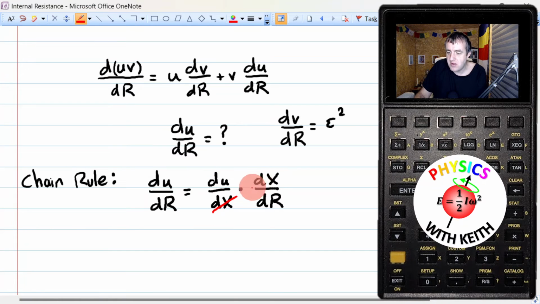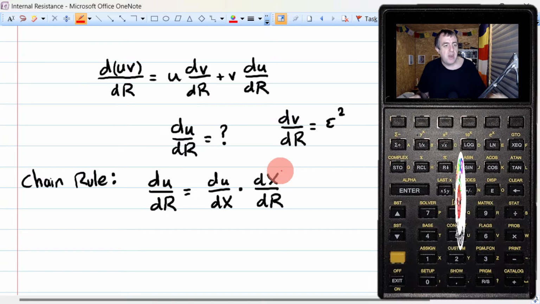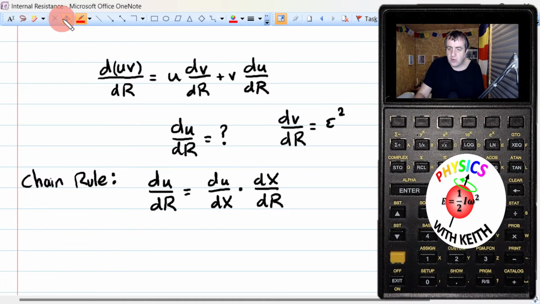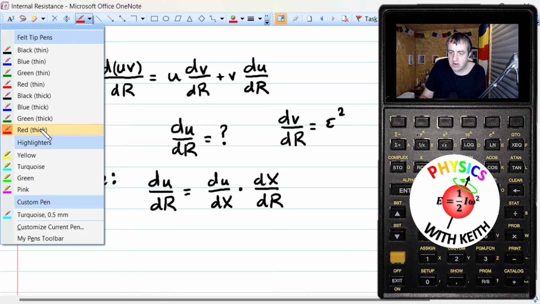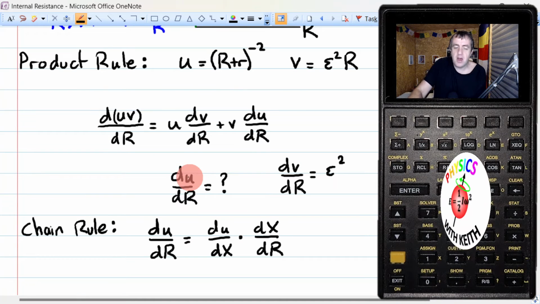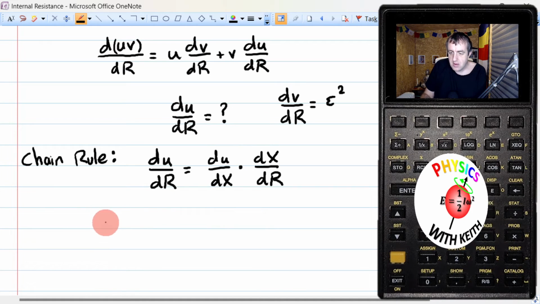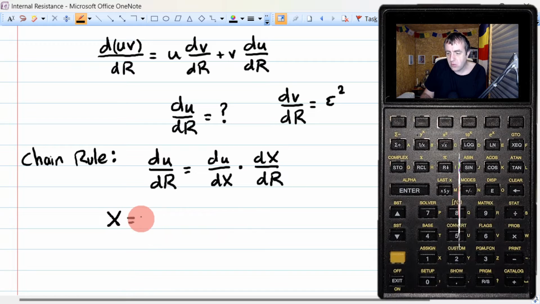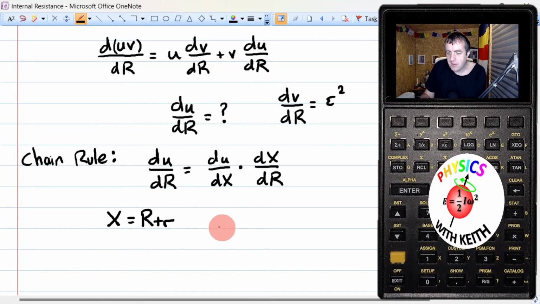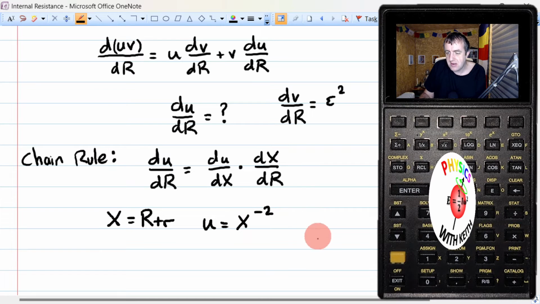If I wrote it like this, the dx's would cancel and I'd be back to dU/dR. But what is x? Well, x can be one of our functions, can't it? So our equation was (R plus r) to the power of negative 2. So let's say that x equals R plus r, and therefore U equals x to the power of negative 2.